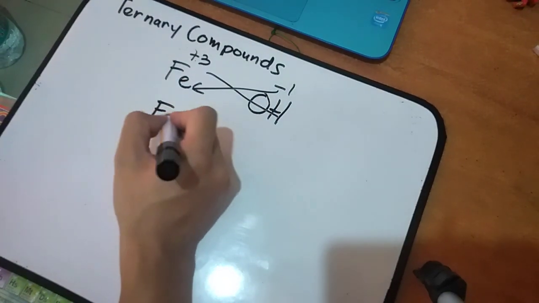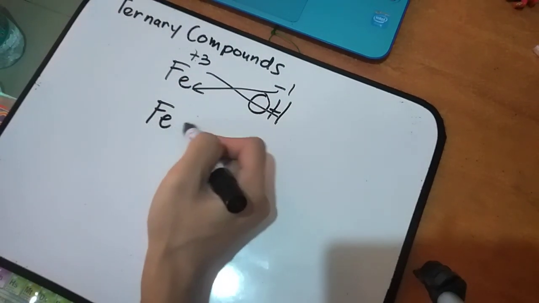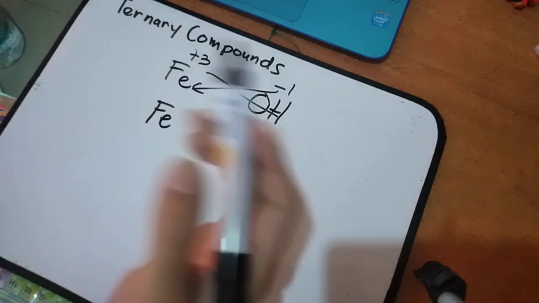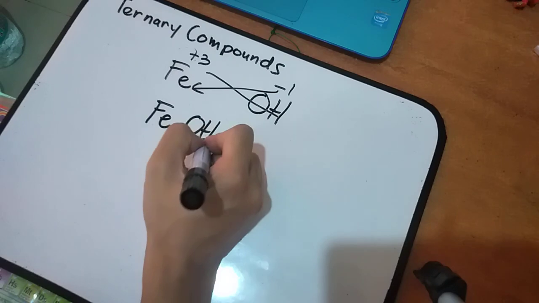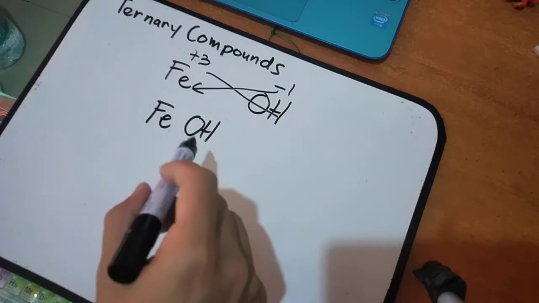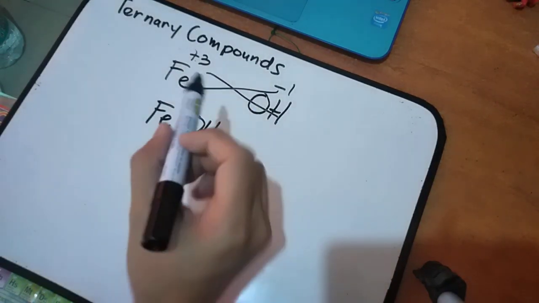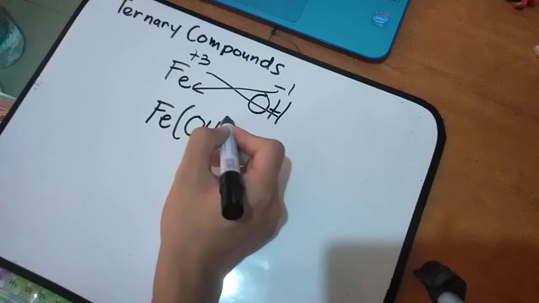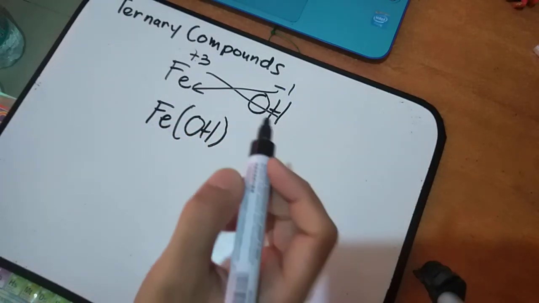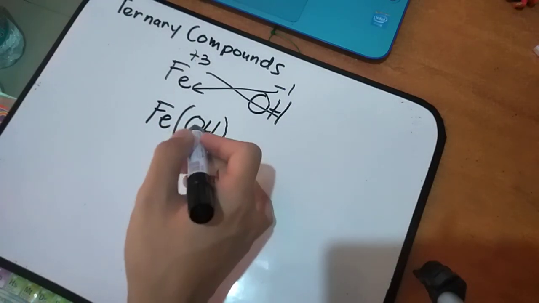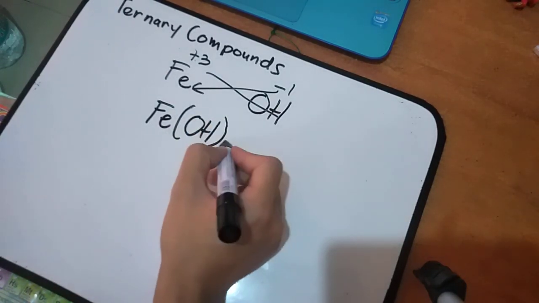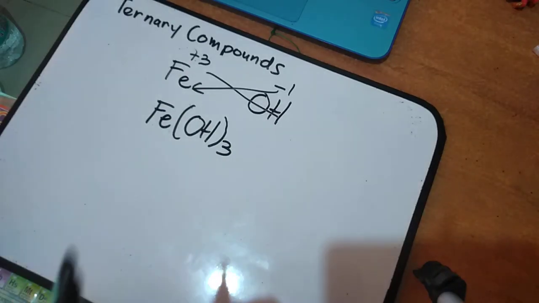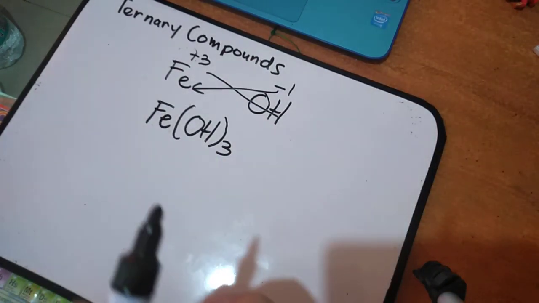So Fe, charge is 1. We don't need to write because the value is 1. Then you have OH. So the polyatomic would now have a subscript of 3. Still, we follow the rule. Put a parenthesis. So at least you know that this is a polyatomic ion. Now, write the crisscross charge. That would be your subscript.